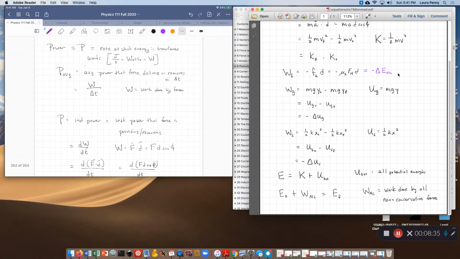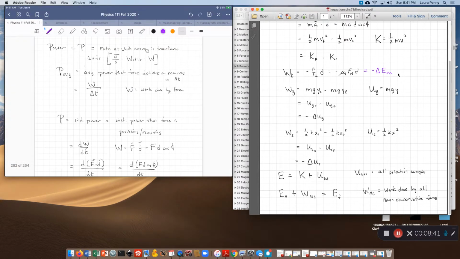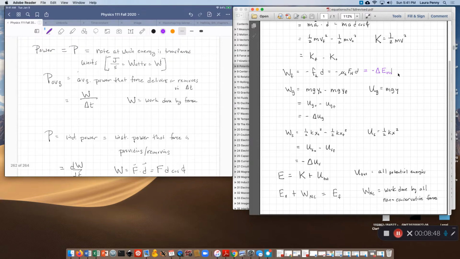All right. So I need to talk about one last topic in chapters 7 and 8, which is power. So power is another physical quantity. It's typically written as capital P. It's not exclusively capital P. Capital P can also, especially when we start talking about gases, be pressure.